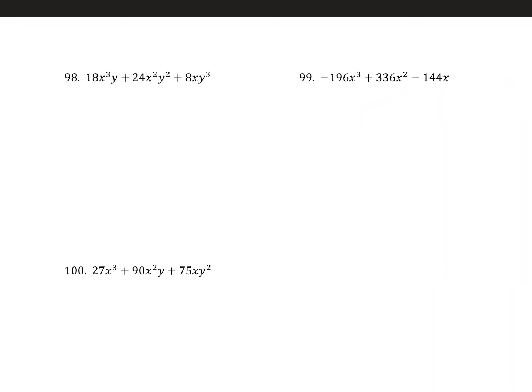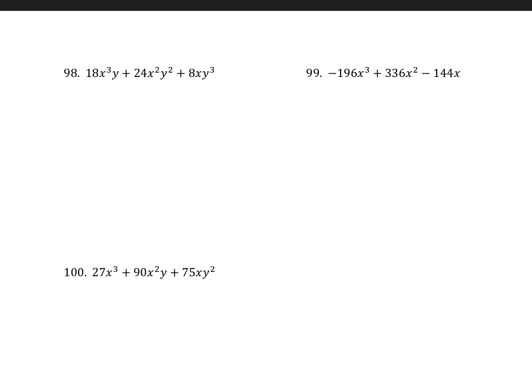For 98, you have 18x cubed y plus 24x squared y squared plus 8xy cubed. Your greatest common factor between all three of these terms, you're going to start with a 2, then they all have an x and they all have a y. So this is going to factor out to be 2xy times 9x squared plus 12xy plus 4y squared.